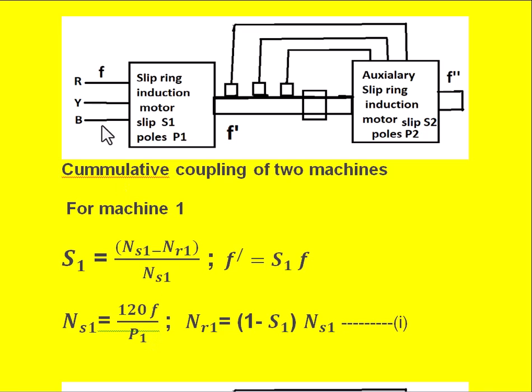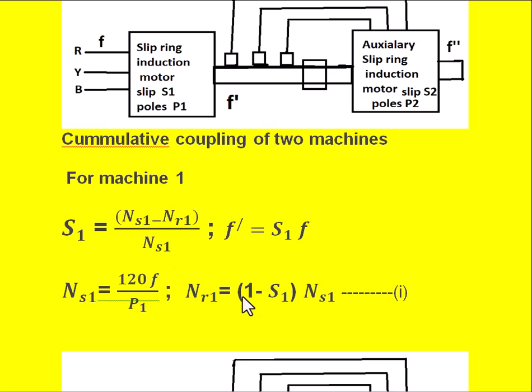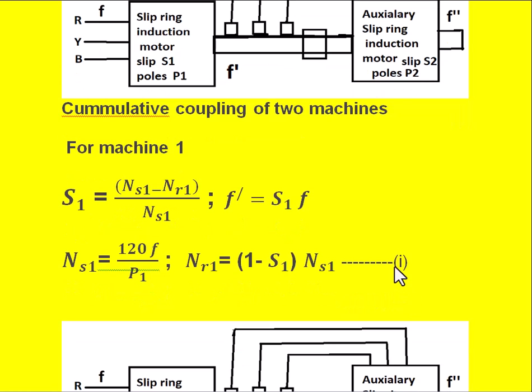F is the supply frequency, that is the input frequency to machine 1, and P1 is the number of poles on machine 1. From this, the rotor speed of machine 1 can be written as NR1 is equal to 1 minus S1 into NS1, and this is represented as equation 1.